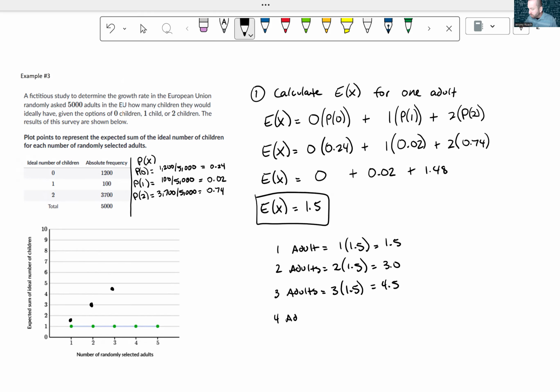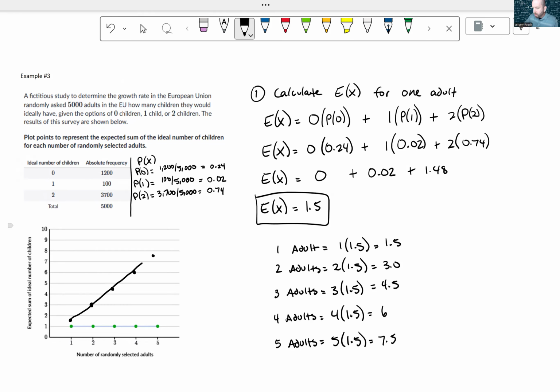For 4 adults, it's 4 times 1.5, which is equal to 6. And then for 5 adults, that's 5 times 1.5, and that's 7.5.